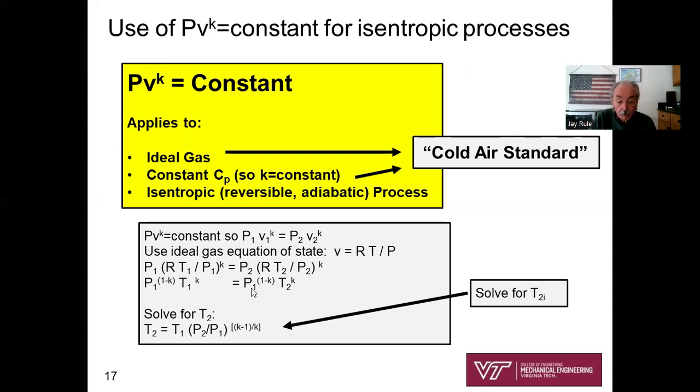We will solve for T2. So T2 equals T1 times, my mistake, P2 over P1 to the power K minus 1 over K. So there you go. That's the way you solve for T2 using the cold air standard isentropic process, constant specific heat.